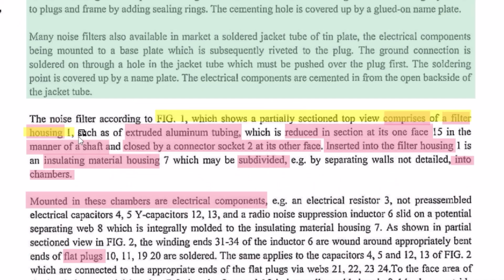Similarly, we will look for the information for figure 2 as well. So here when you see, as shown in the partial sectioned view in figure 2, it's nothing but figure 2 shows a partially sectioned view of the noise filter in accordance with the invention. What about figure 3?